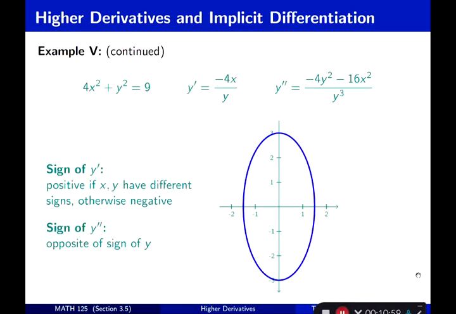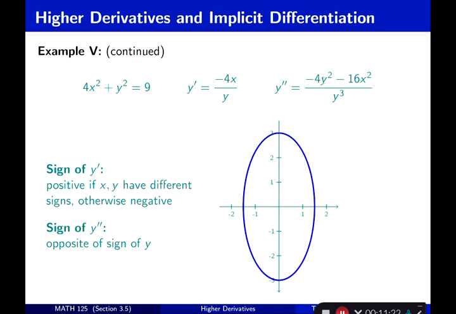Okay, so the interesting part of this, if you look at the y prime and y double prime, and let's say over here, the concavity of the function only depends on the value of y.